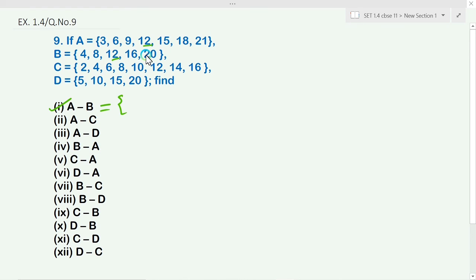So just write all the remaining numbers in A: 3, 6, 9, 15, 18 and 21. This will be A minus B, because A minus B contains only the elements of A which are not in B.